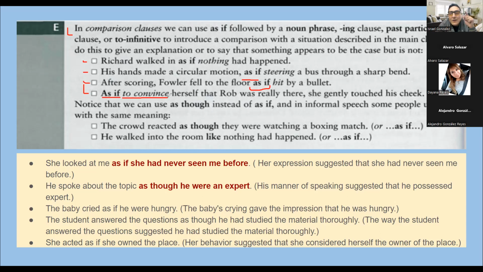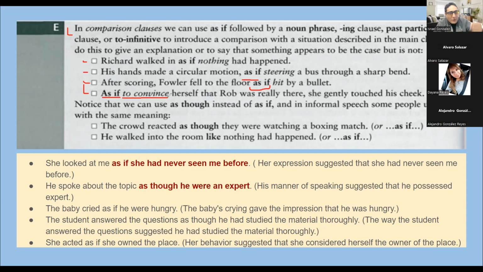As if to, as if to, let me think of an example. As if to support myself, that I could do it.